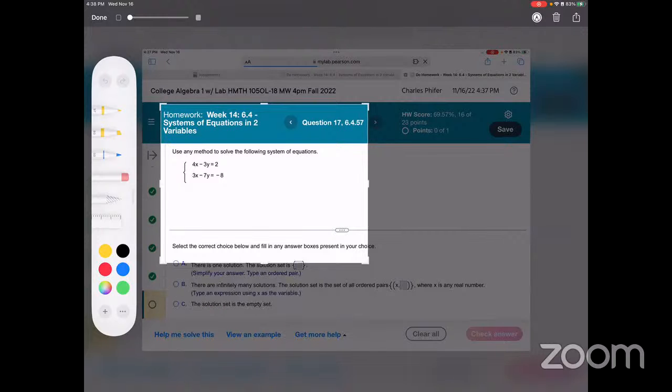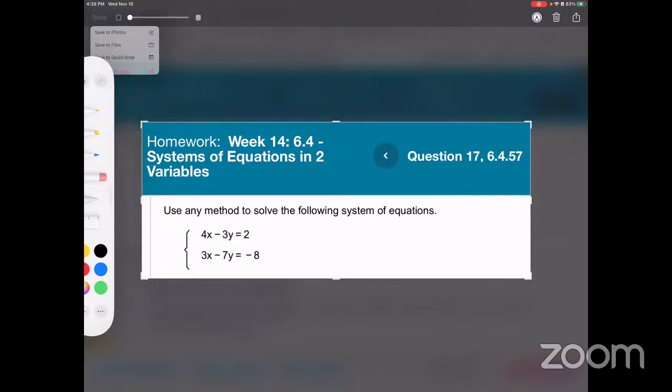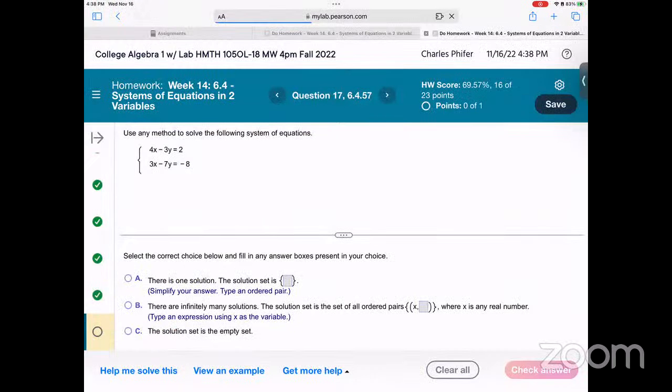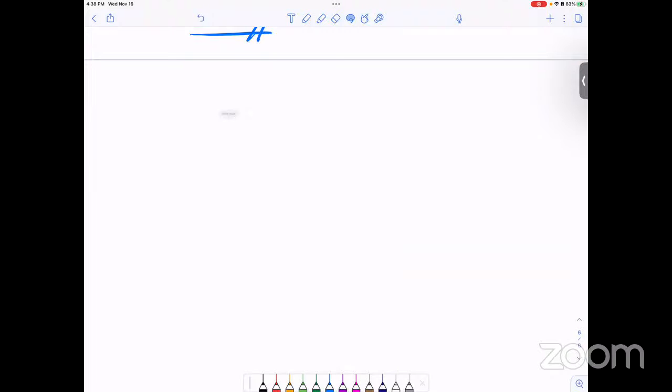Hit done, copy and delete. We'll make this the last one. Paste the image, allow.